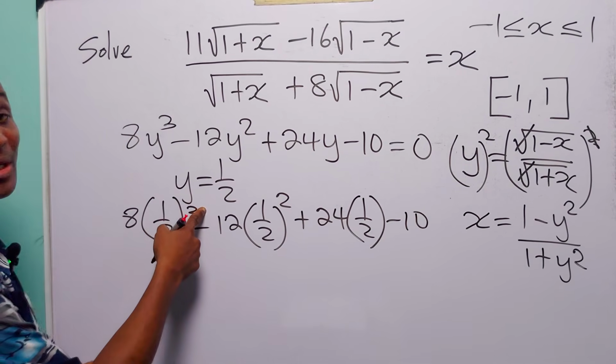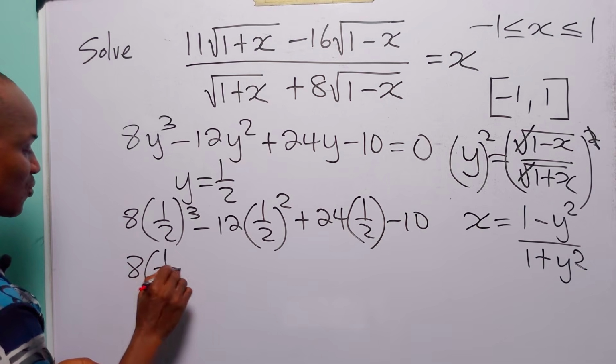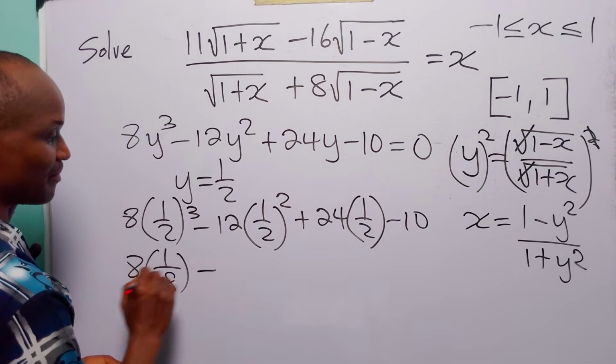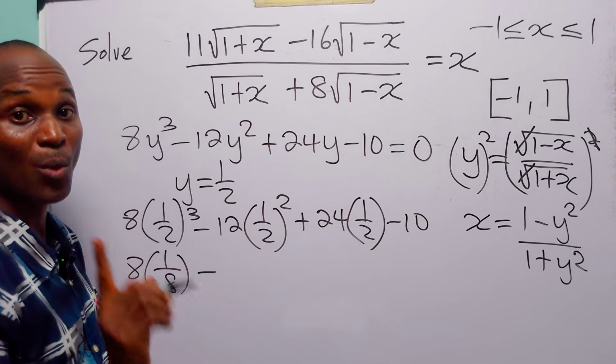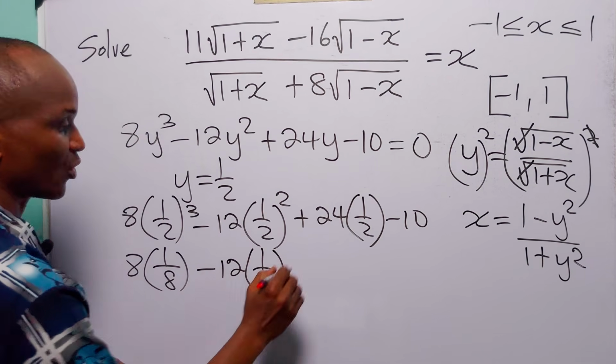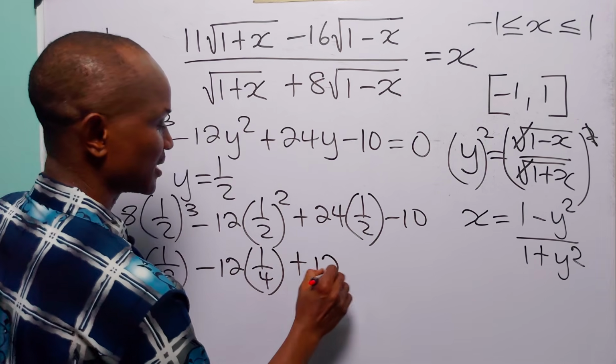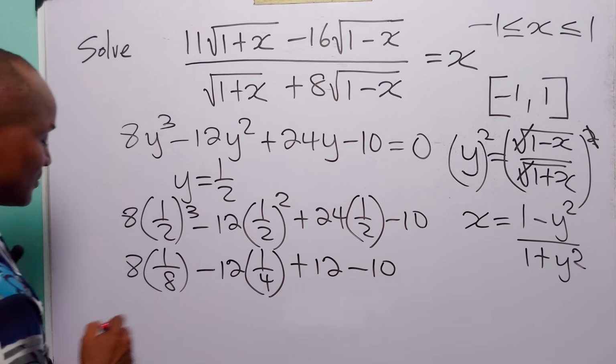Of course, half to the power 3 is 1 over 8. So this is 8 times 1 over 8 minus 12 times half squared, which is 1 over 4, plus half times 24 is 12, minus 10.